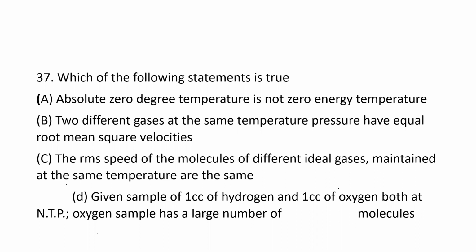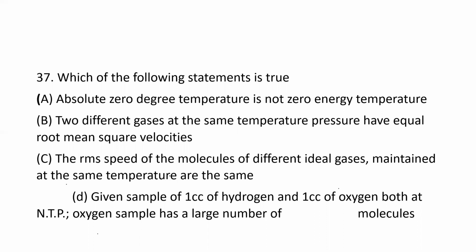Option C: The root mean square speed of molecules of different ideal gases maintained at the same temperature are the same. It is for different ideal gases, so this condition is not satisfied. If it is for the same gas, then it will be satisfied.